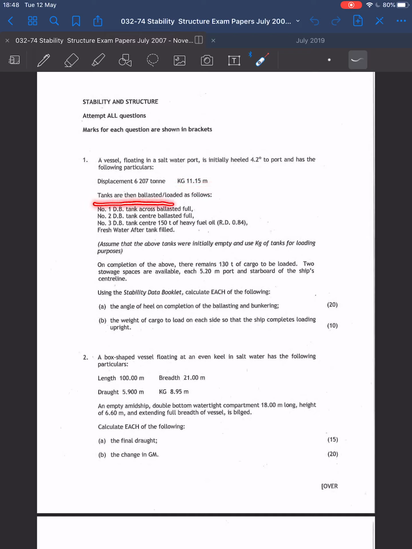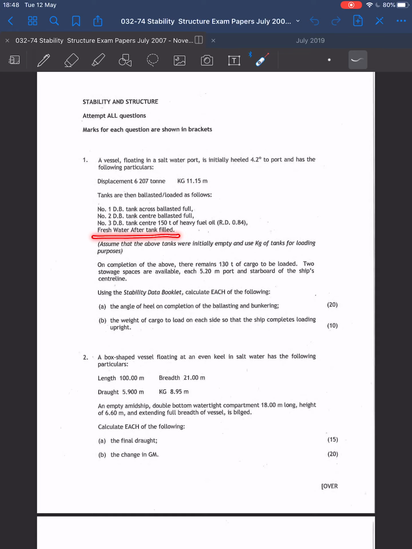Tanks are then ballasted or loaded as follows: number 1 DB tank across ballasted full, number 2 DB tank center ballasted full, number 3 DB tank center 150 tons of heavy fuel oil, relative density 0.84.